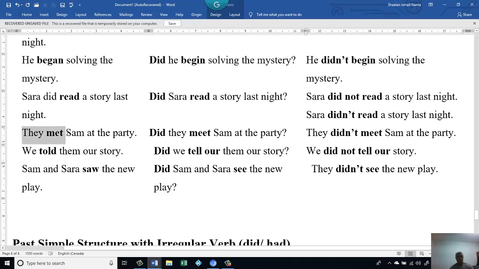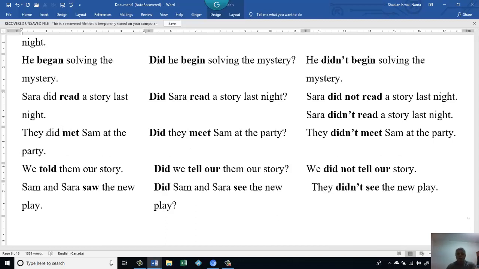Okay, let's go to the sentences here, going back. They met Sam at the party. If we don't know if this is a regular or irregular verb, I could simply add did to make it past. They did. Here I have to change the verb from the past form to meet. They did meet Sam at the party.